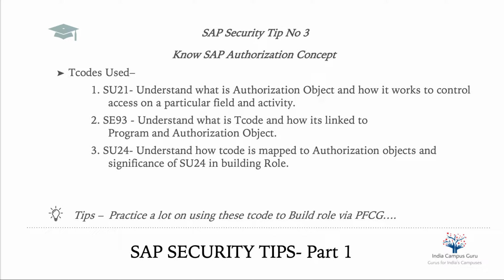Okay. And the second T code would be SE93. This is where a custom T code is created, or you can even see the standard T codes and whether they map to a program or are just a T code on a table. SE93 is the T code where a mapper would go and create a T code. But even from a security perspective, this is a really good T code.